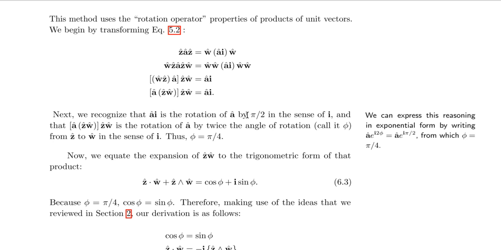Following that, pi over 2 is the double of phi, so phi must be pi over 4.